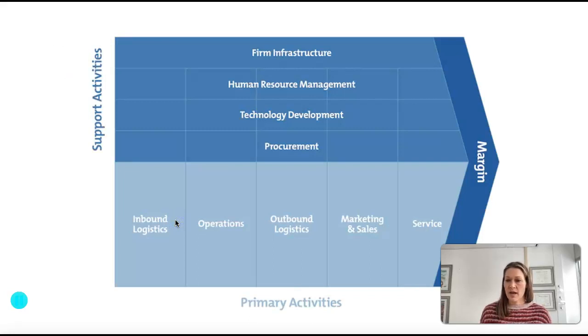So when Barney talks about how you figure out what your source of competitive advantage is, he introduces the value chain model. And this is a useful way to think about the activities that a firm undertakes. You can change these labels slightly to make more sense if you're talking about a service-based or knowledge-based company, because inbound logistics, operations, outbound logistics might sound a little bit more like manufacturing or tangible goods, but it's a very similar set of activities and a flow.